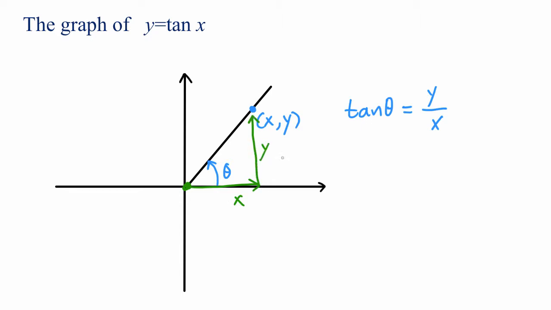And if you think about this, this is really just a rise over run, right? Rise over run. The definition is familiar to you. This is a slope. This is the slope of the line. So I want you to remember this interpretation of the tangent function.